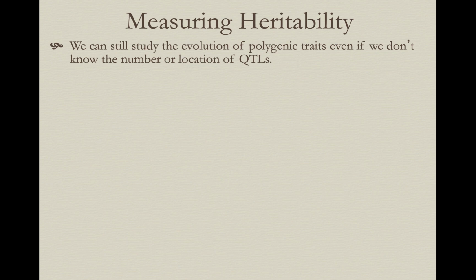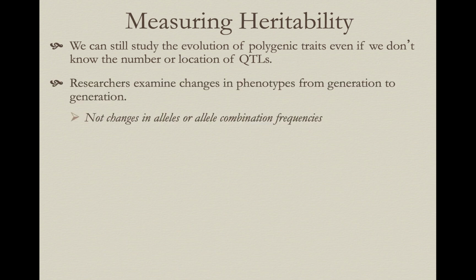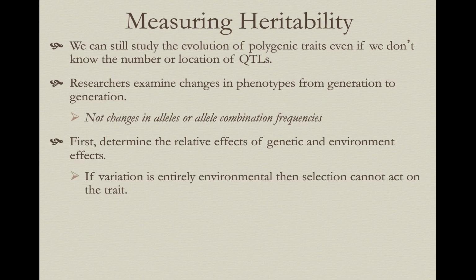Now let's talk about a kind of older way of studying quantitative traits. In this case, we're looking at polygenic traits, but we don't really know the location or number of the QTLs. Researchers are trying to examine patterns of changes in phenotypes from generation to generation, not really focused on the specific alleles or allelic combinations, but trying to get a correlation between phenotypic variation and the likelihood of traits being heritable to a greater or lesser degree, without knowing exactly what alleles or gene loci are involved.